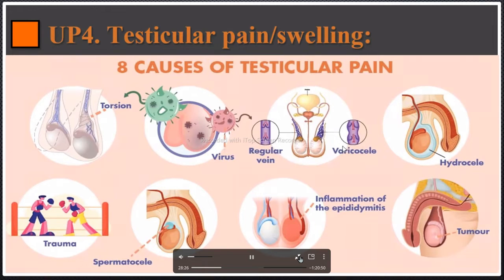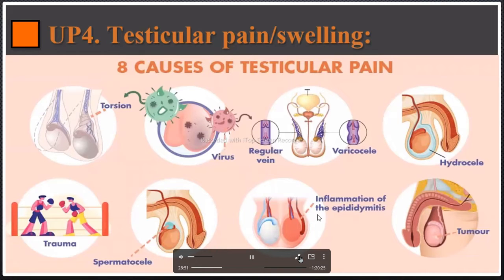Varicocele, so we're talking about veins. Hydrocele, we are talking about fluids. Trauma will be mentioned clearly in the scenario: the patient has trauma. And inflammation: the patient, for example, has cheek swelling. They will mention the patient is young and has cheek swelling, so maybe mumps.